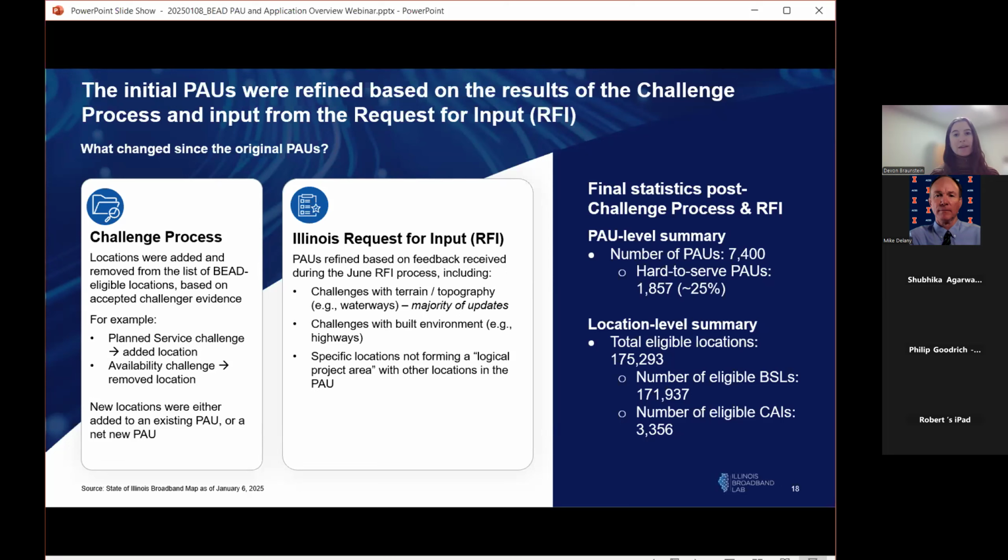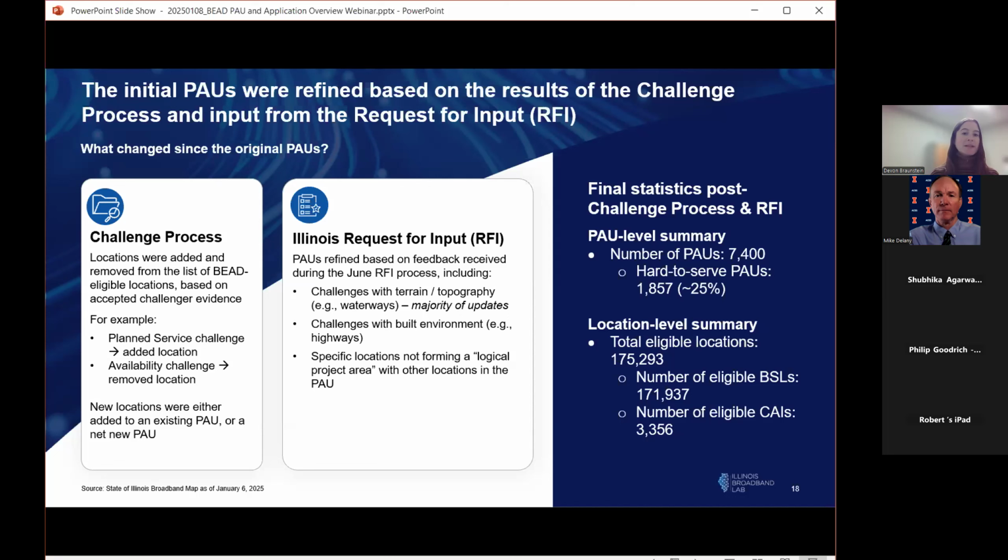So first, the data was changed based on the outcomes of the challenge process. There were locations added to the map and removed from the map based on evidence that the state accepted. So for example, if we accepted a planned service challenge, that would mean that a location that was currently marked as BEAD eligible was removed from the map.